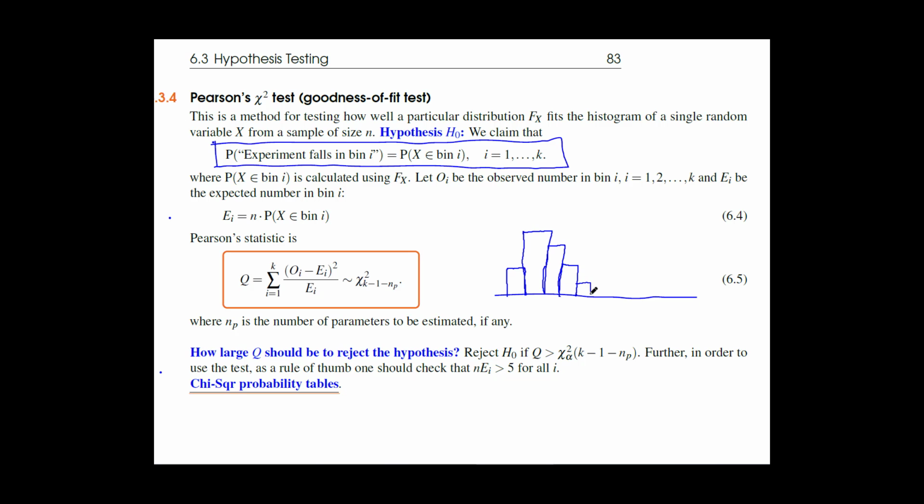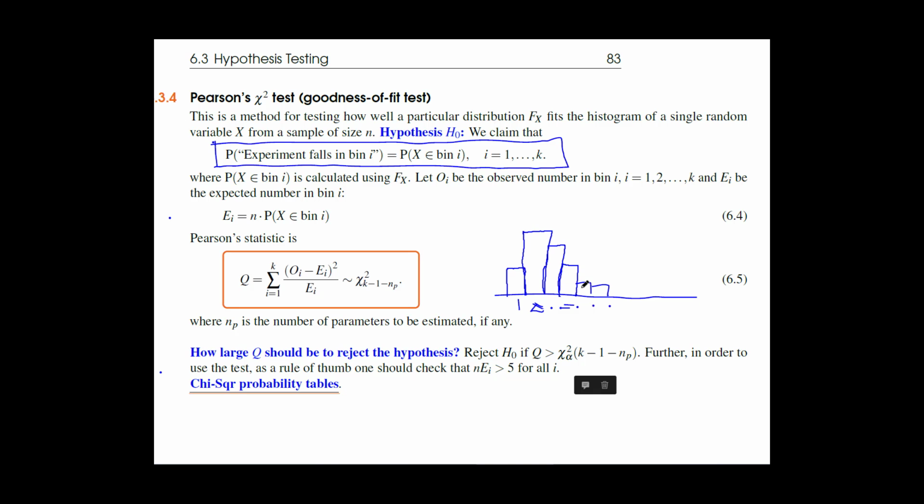Okay, and then these are the bins, right? Bin 1, 2, etc. So bin i, right? 1, 2, i would be right here, etc.